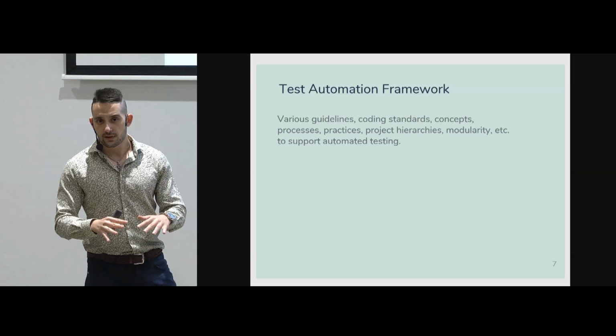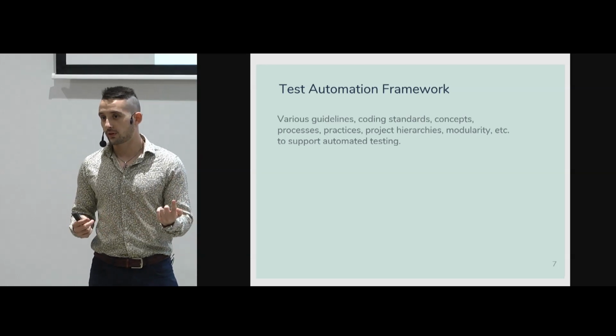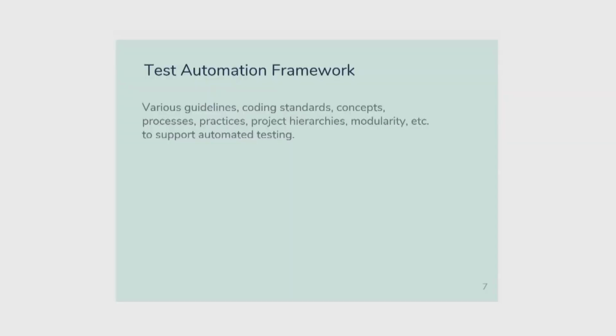So you discuss with your team what type of page objects you're going to use, and you decide that instead of putting the page objects in the same project as your tests, you put them in a separate project. Then you discuss even further that you want some kind of abstraction on top of this framework, and you want to use the Gherkin language, BDD.